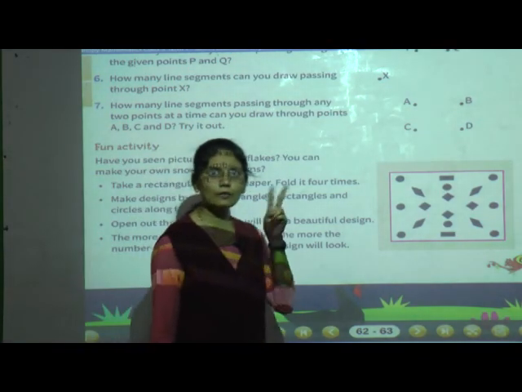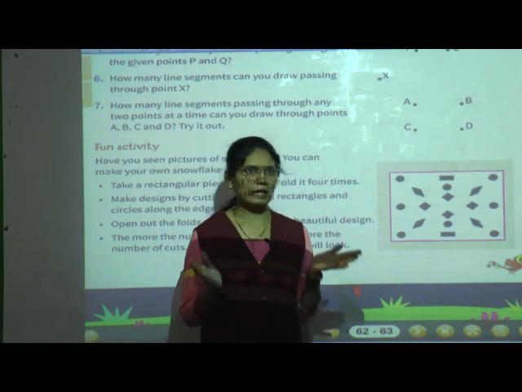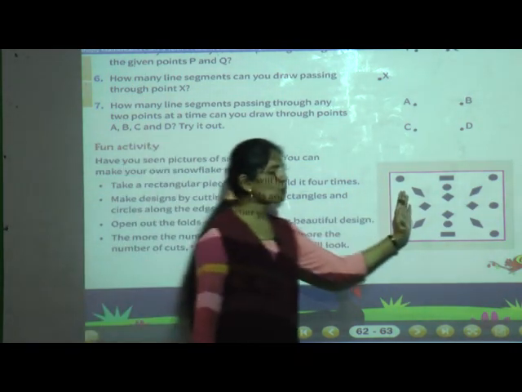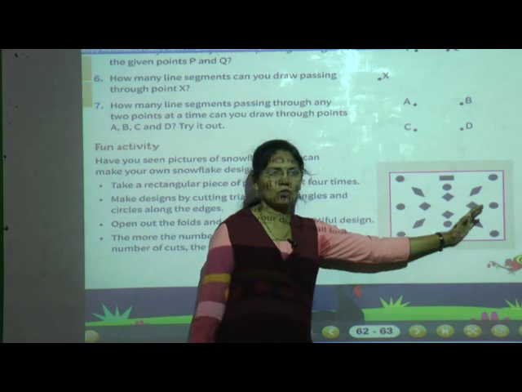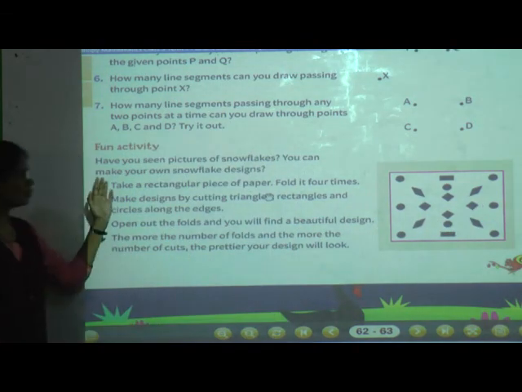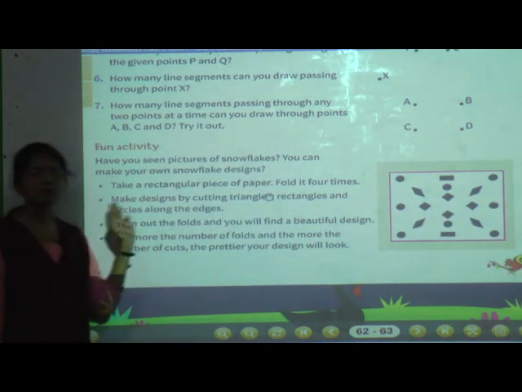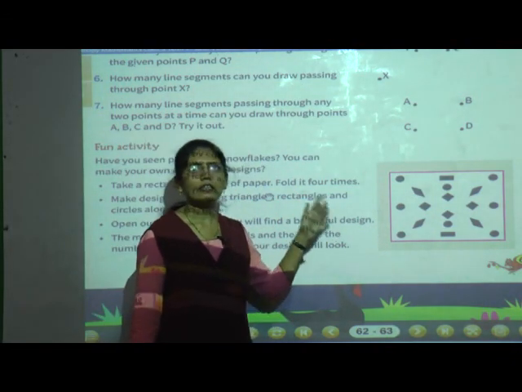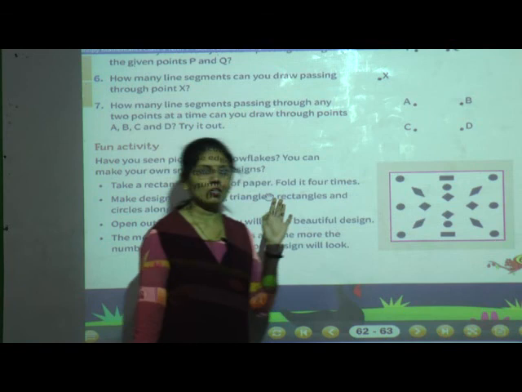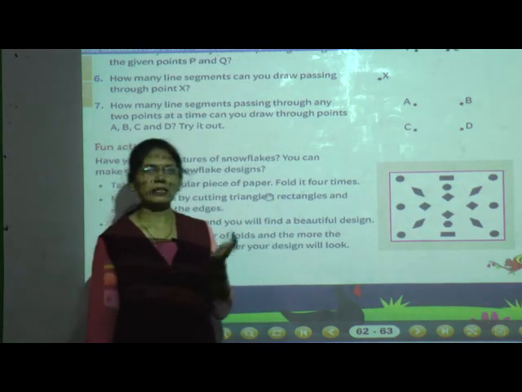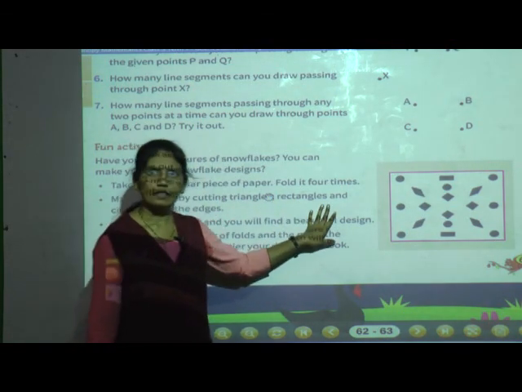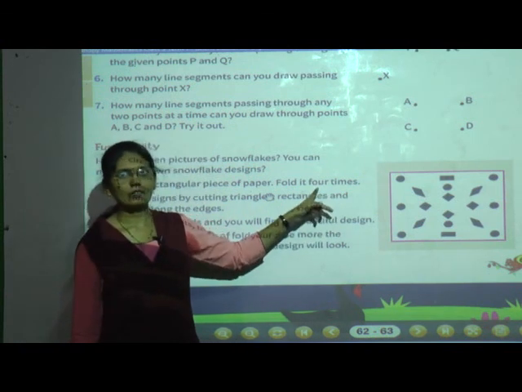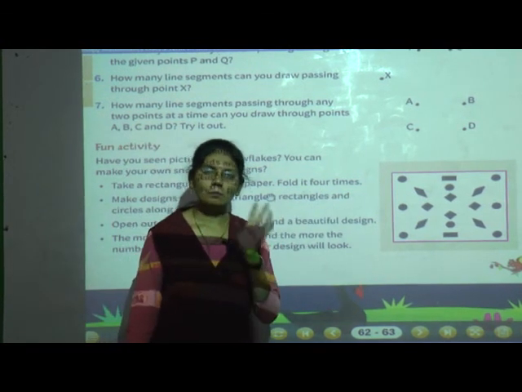After cutting in different shapes, you open the paper and you will get a snowflake like this. You have to do this activity at home and paste it in your activity book. In our next Google Meet I am going to check this activity.